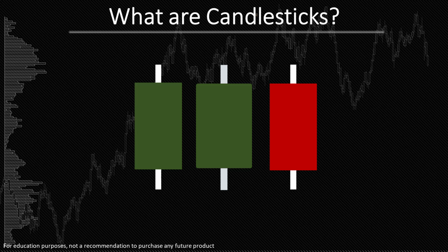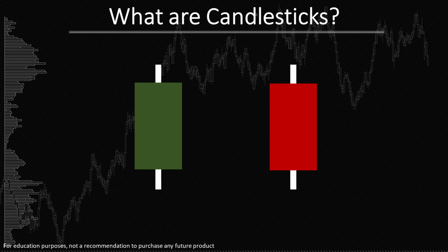I think I missed my calling as a graphic designer. The red bar or down bar or bear bar acts just the same. It starts at the top and moves down. Now that you know how they form, let's move on.